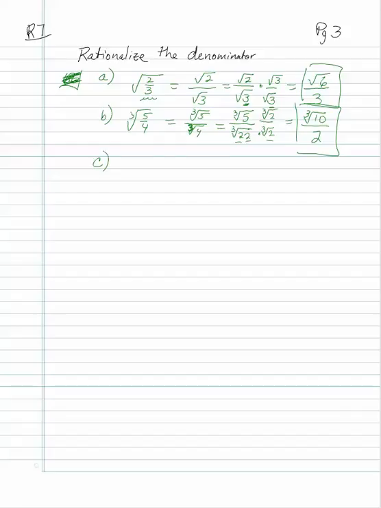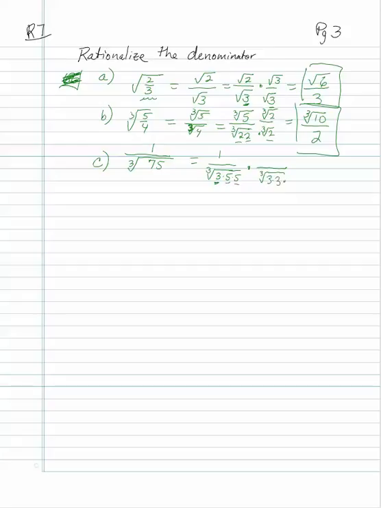So let's try this one. If I wanted to do cube root of, say, 75 on the bottom, and we'll just say 1 on top. So what I'm going to do is again look at it factored and 75 is 3 times 5 times 5. Now again, I want a 3 of a kind, right? I want a perfect cube. So I only have one 3 inside, so I need 2 more 3s.